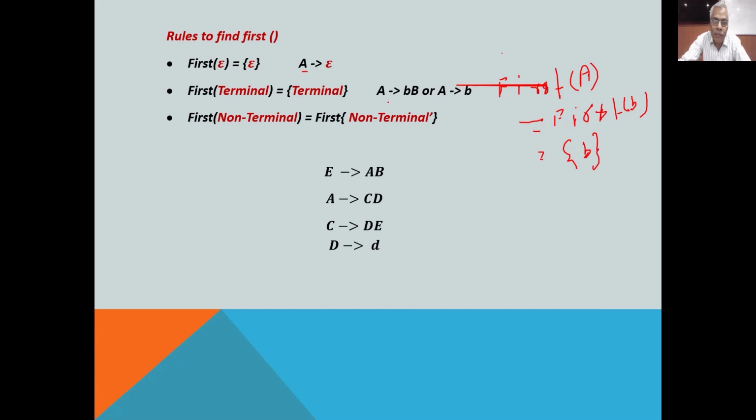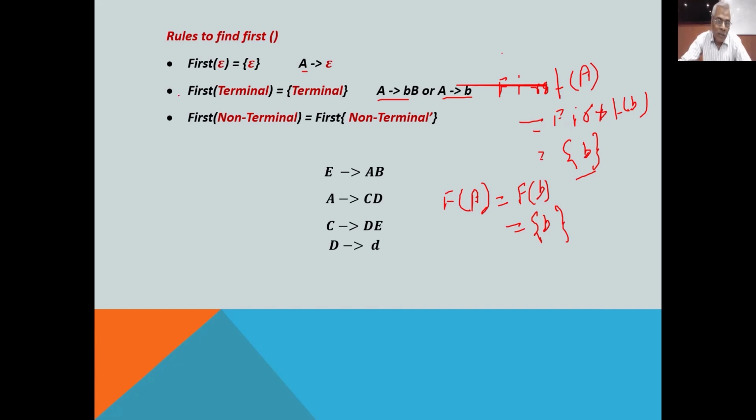So from the first production A to small b capital B, the first of A will be small b, and from the second production A to b we also get the same terminal b, and we can write this like first of A equals first of small b, and this will give us terminal b.